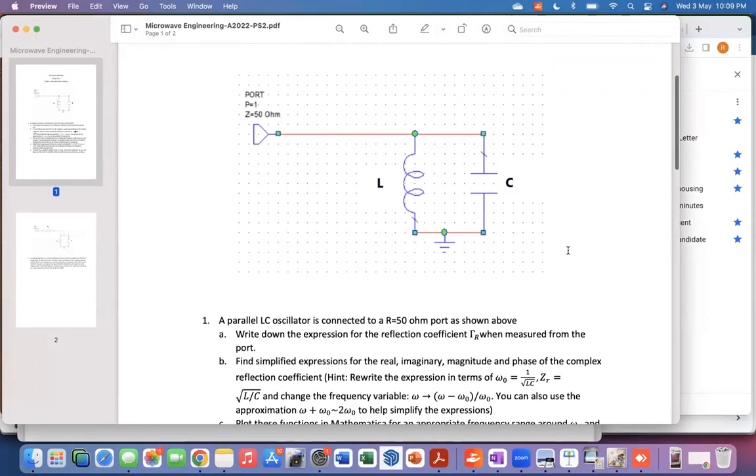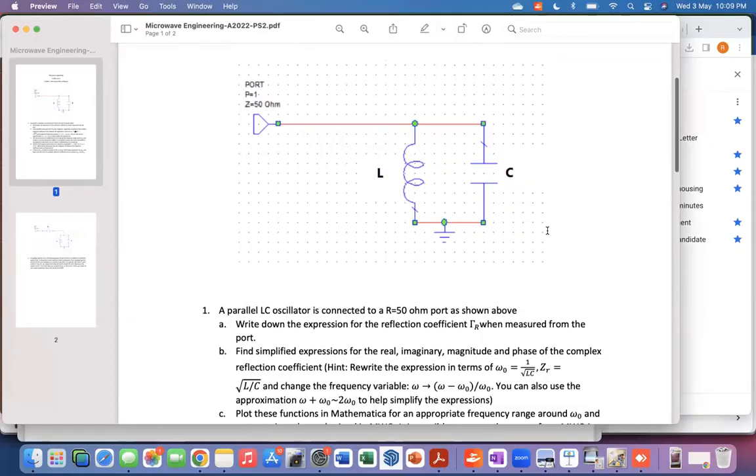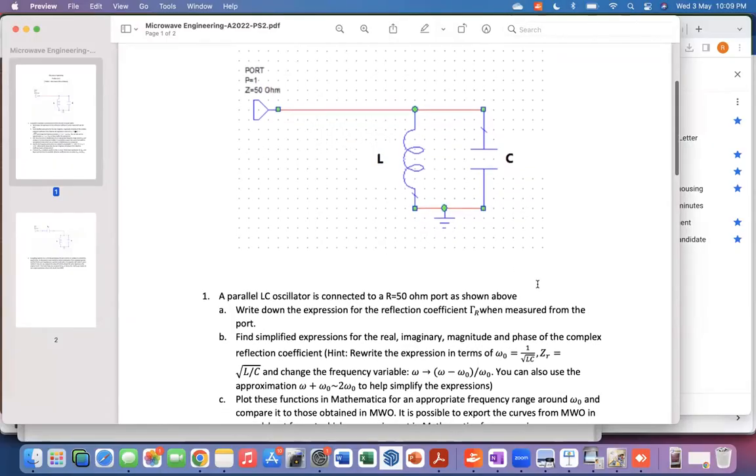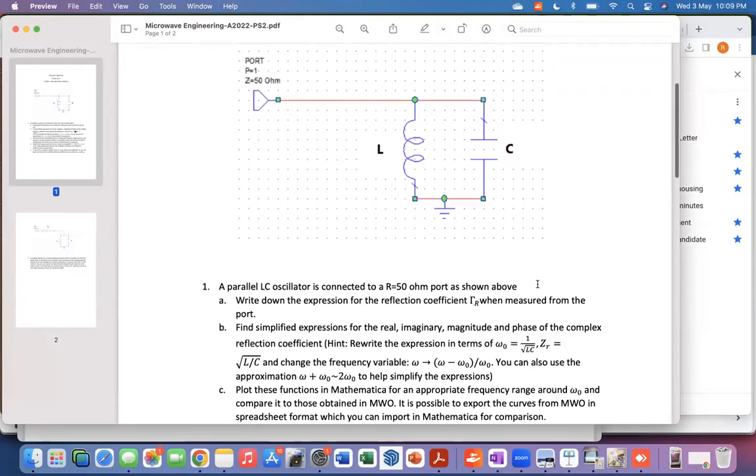Okay, yeah. So this question was not about really using Microwave Office, but this was just about understanding the basic LC circuit resonator's response and reflection. So this, of course, is a Microwave Office schematic.